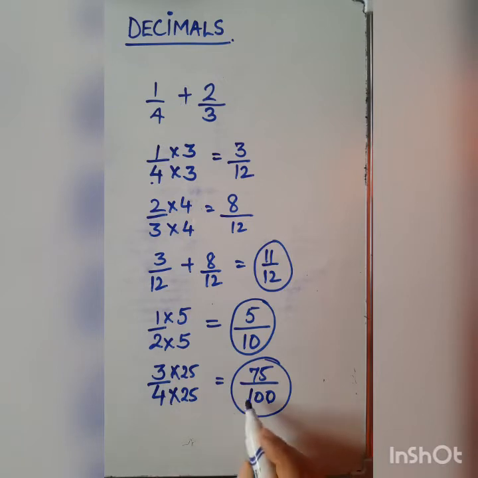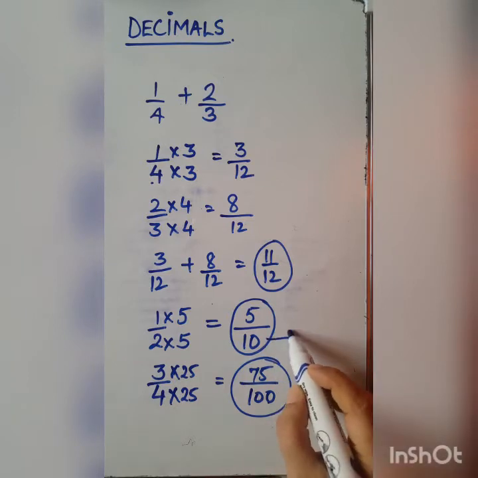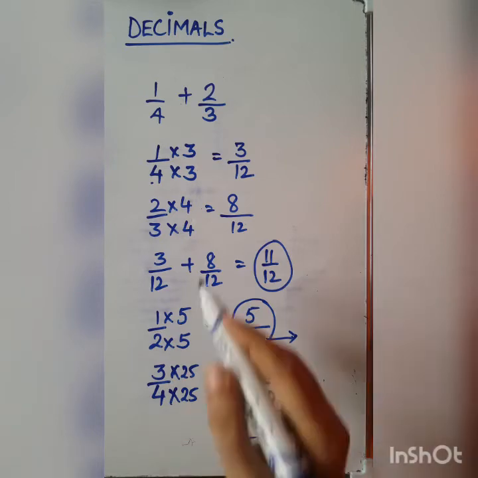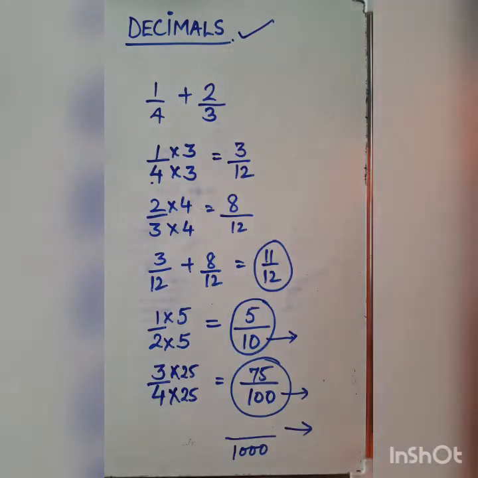Here the base is 100, the common denominator. Now when the denominators are taken as multiples of 10, like 10, 100, 1000 and so on, they lead to a special type of fractions that are known as decimals.